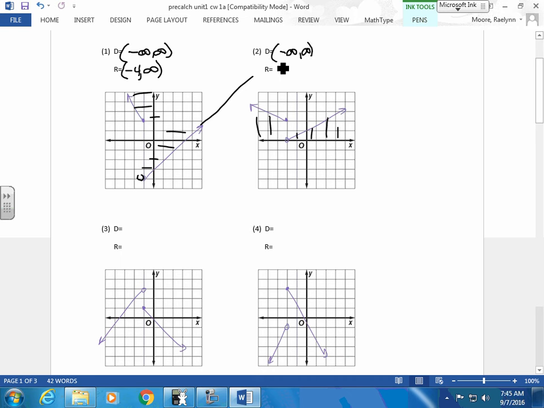Use your axis like a number line. My y's say, I've got a y here, a y here, but nothing down here. So what would be my range? 0 to infinity. And would my 0 have a hard bracket or a soft bracket? A soft bracket, because this guy's an open circle. Good. Try the next two.